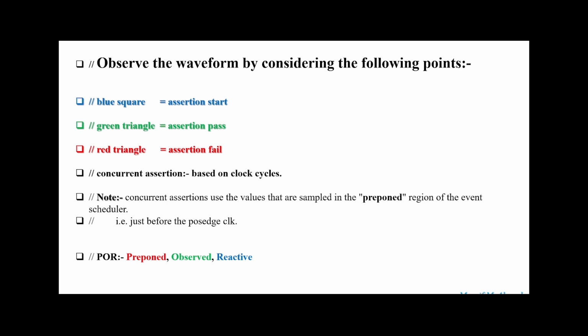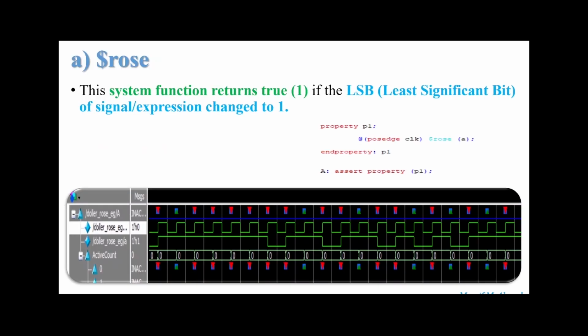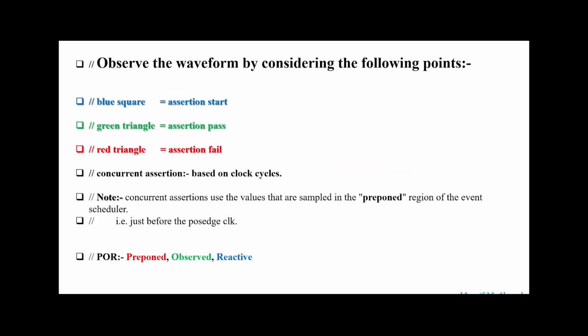As we are considering the waveform for each built-in function, we are understanding with the help of sample waveform and sample code. Let me tell you how we can analyze the waveform. These are the points you should remember while we are discussing the waveform.